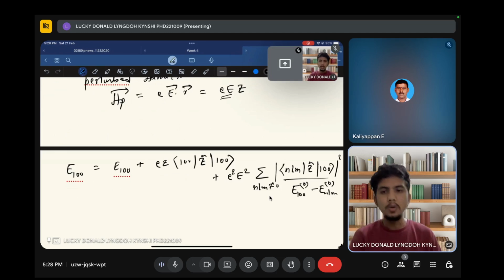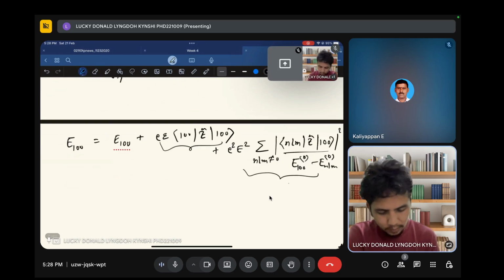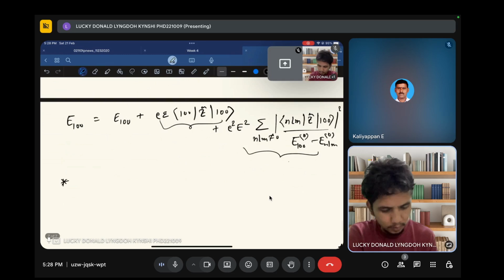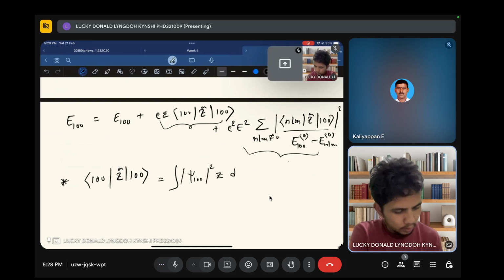But how do we solve the second term and the third term? This is the first order correction, and this is the second order correction. First we'll solve the second term, <100|z|100>.